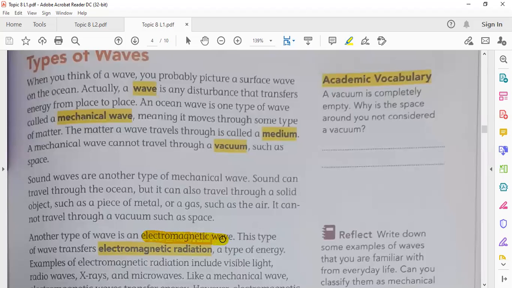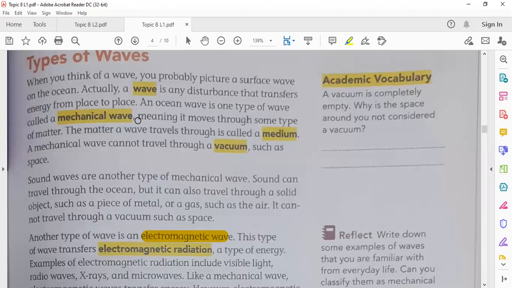Okay, you have to know the difference between a mechanical wave and the electromagnetic wave. Can anyone tell me what is the difference before I say? How are they different?